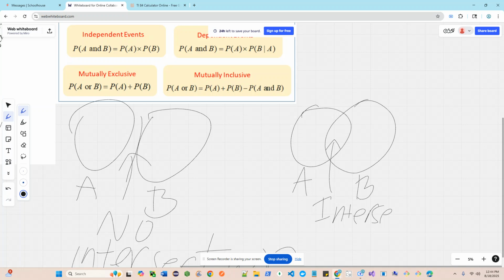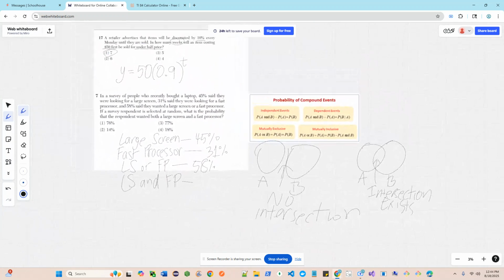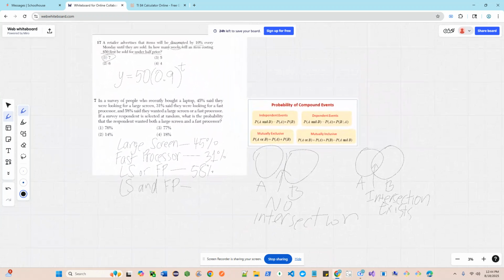So that is mutually inclusive events. For that, you're going to do probability of event A plus probability of event B minus probability of event A and B.